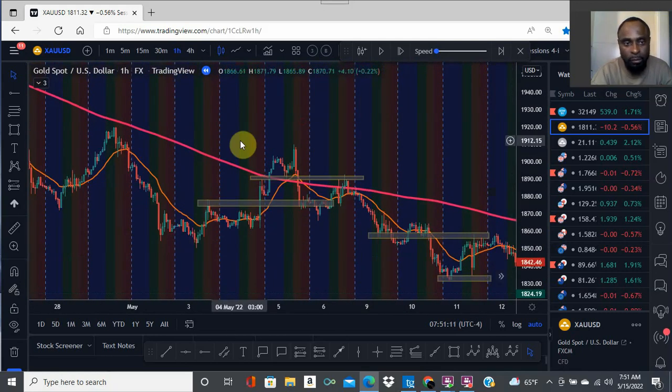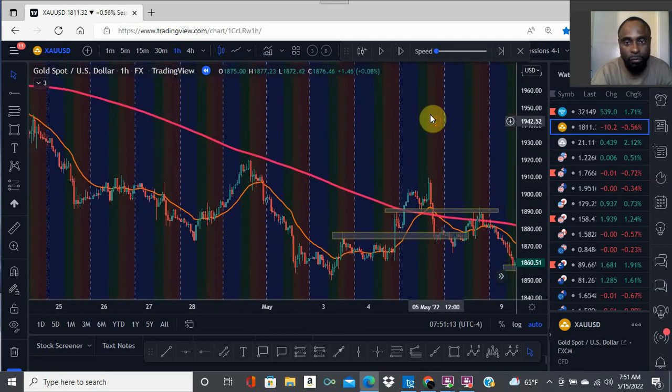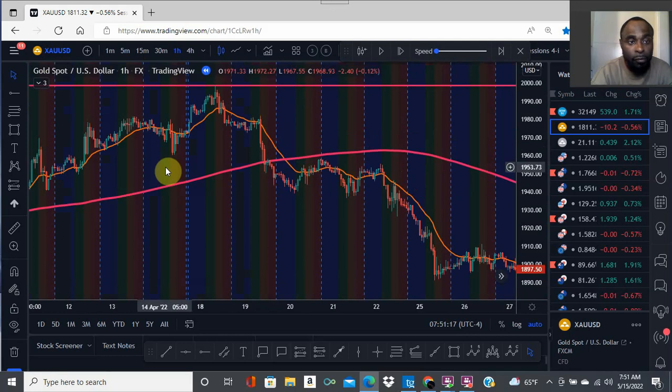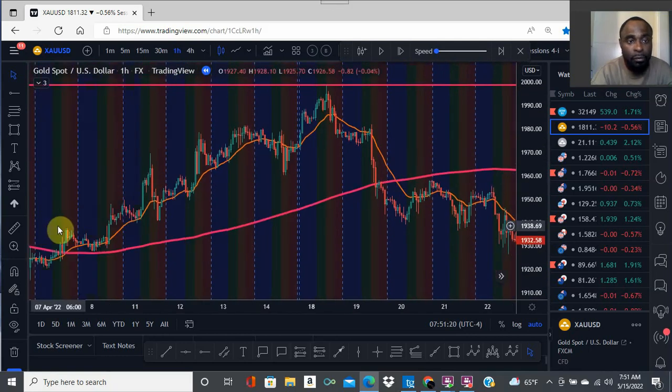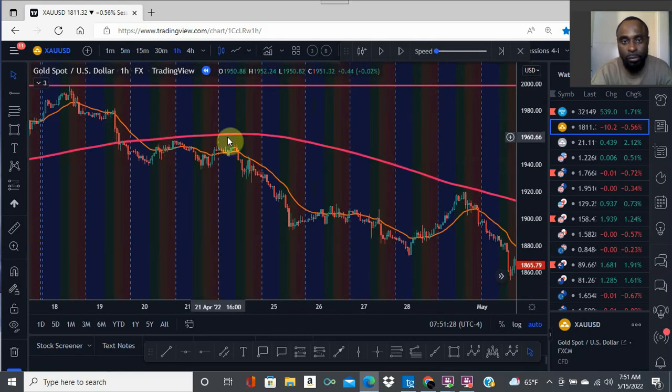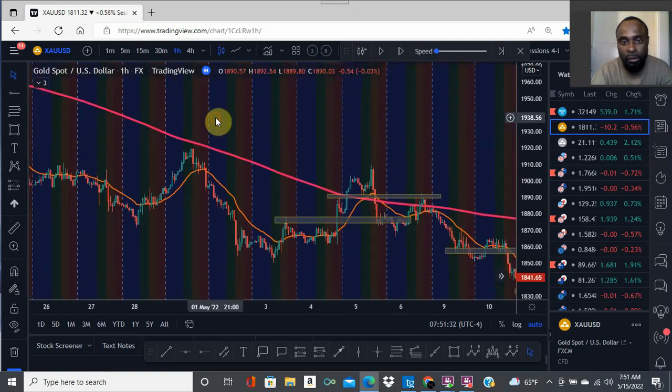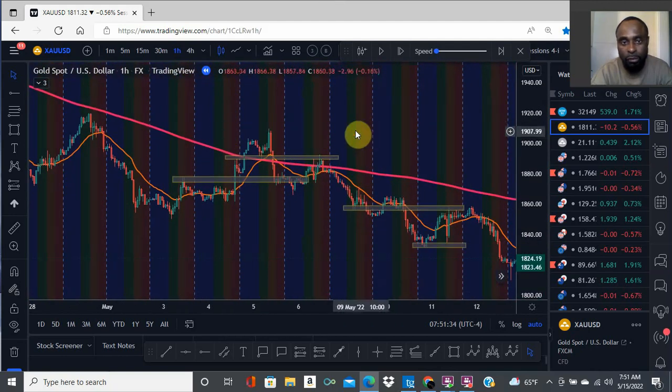So let's go back a little further. Yeah, so you see price pulled up to an area and then it started dropping. It was doing a pullback because, like I said, price was on a downtrend.